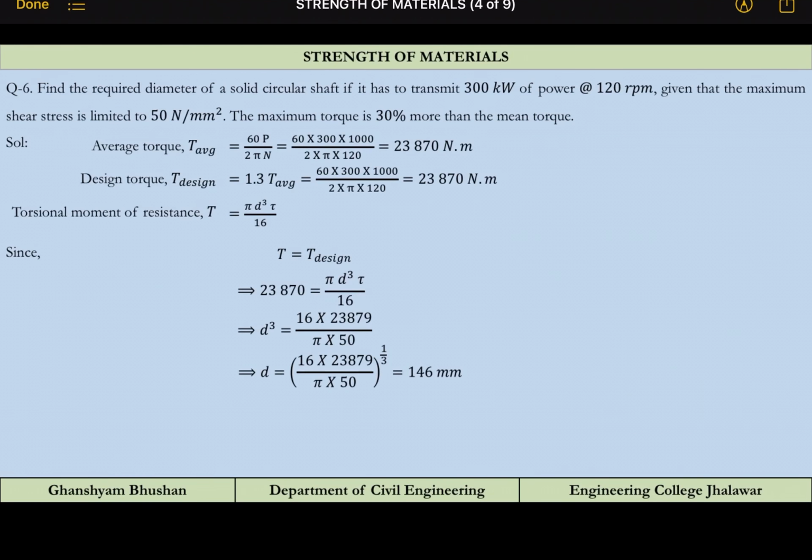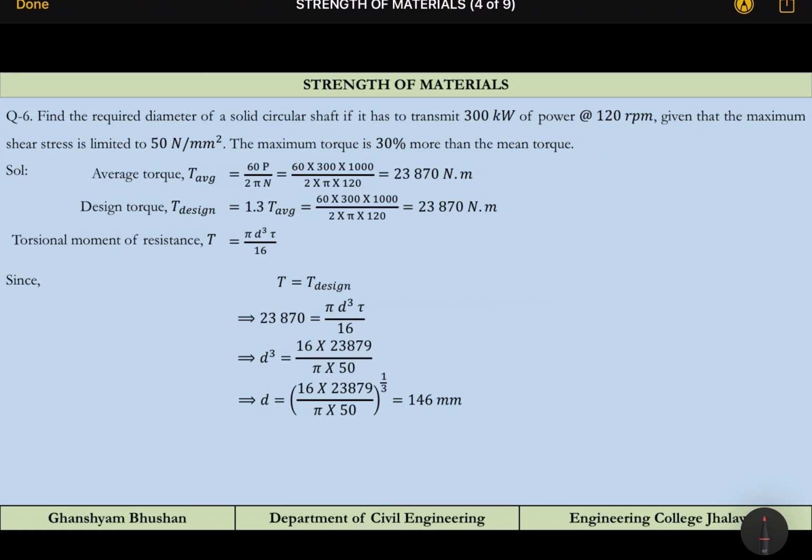Let us see. The average torque comes from 60 P by 2 pi n, and it is coming out to be 23,870 Newton meter. The design torque is 30% more than the average torque, that is 1.3 times T average.